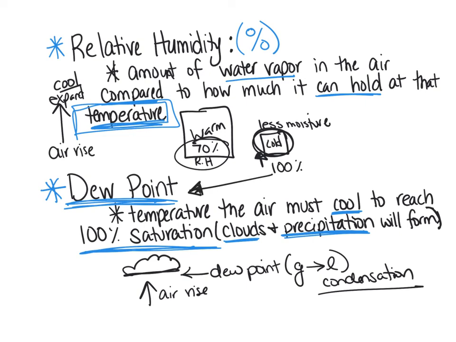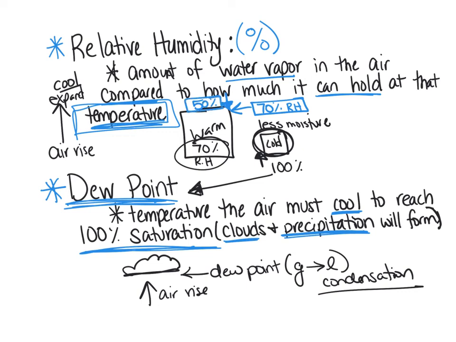Now, if we have a cold air mass that is at 70% relative humidity and warm air moves in, because warm air can hold more moisture, now our relative humidity is going to decrease. With that warmer air, our relative humidity might drop to 50 or 20%.